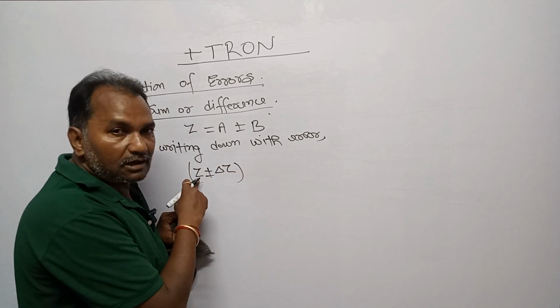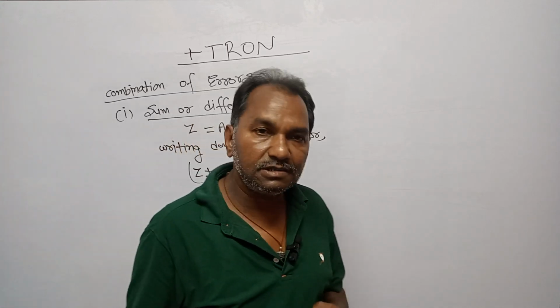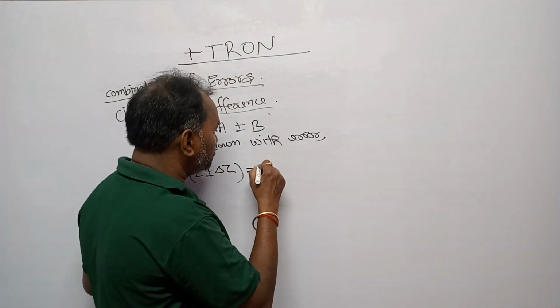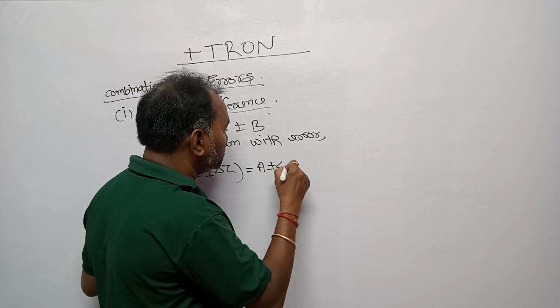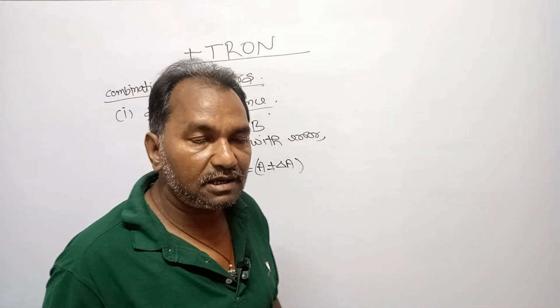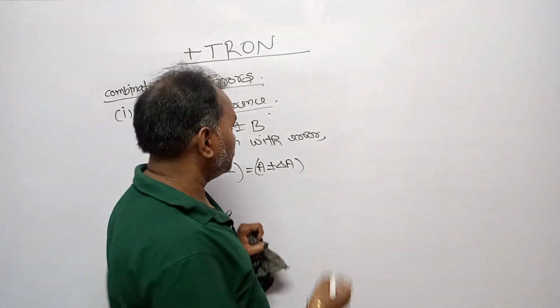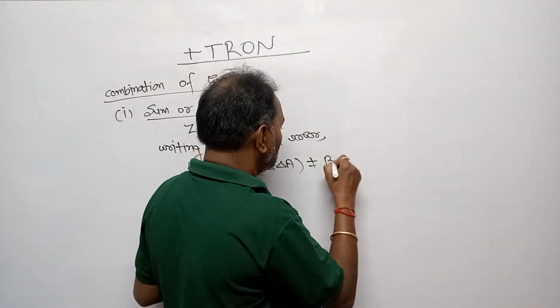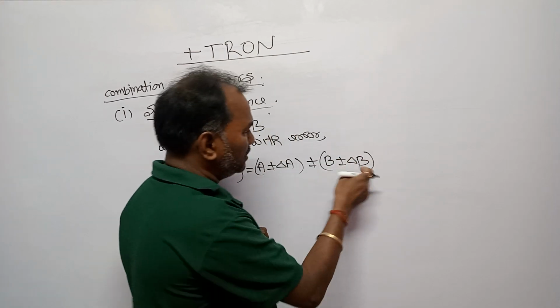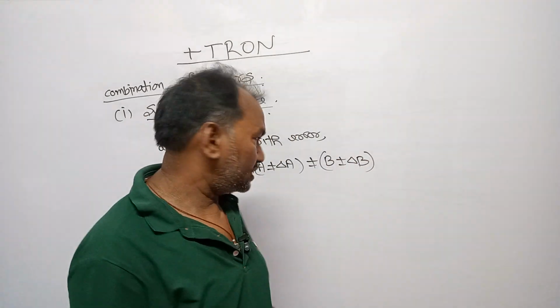Z is a value and plus minus del z is a permissible error in the value of z. That is equal to a plus minus delta a, where a is a value and delta a is a possible error in the value of a, plus minus b plus minus delta b. This is the value of b with the error.